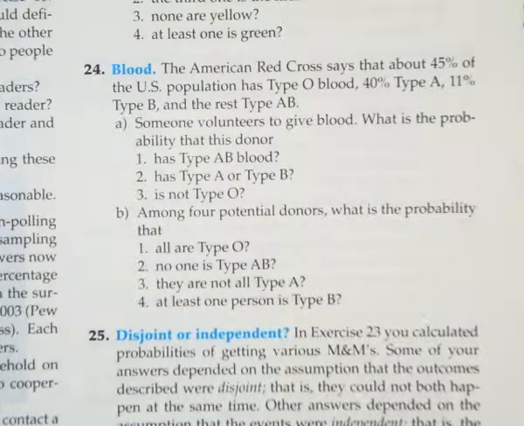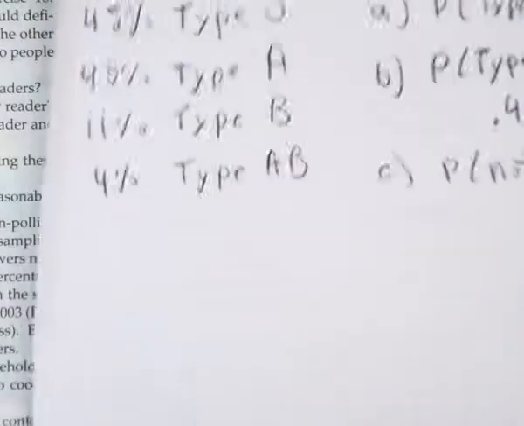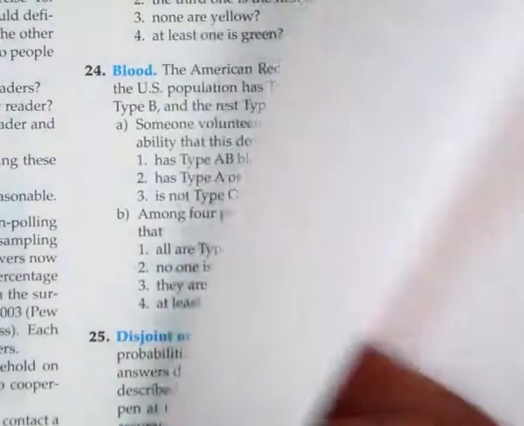So what is the probability all are type O? Type O is 45%. Let's see, this is question 1 on the bottom.